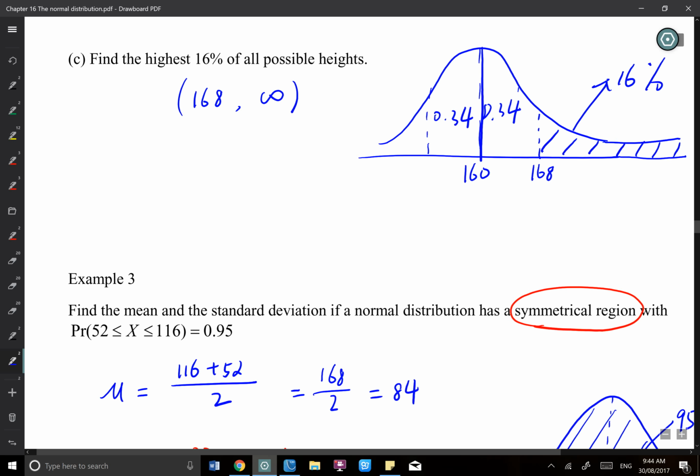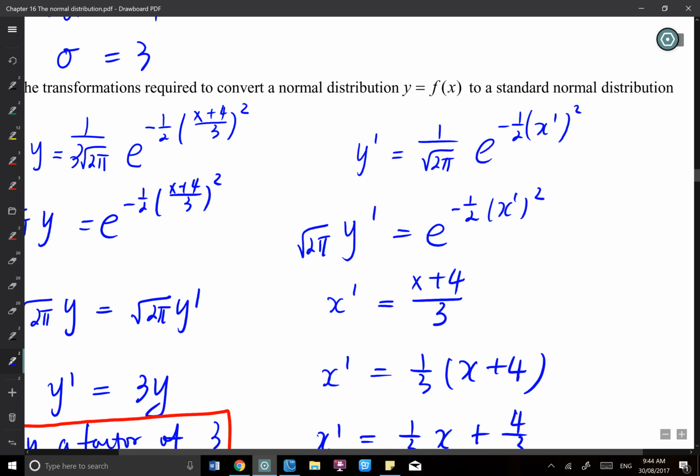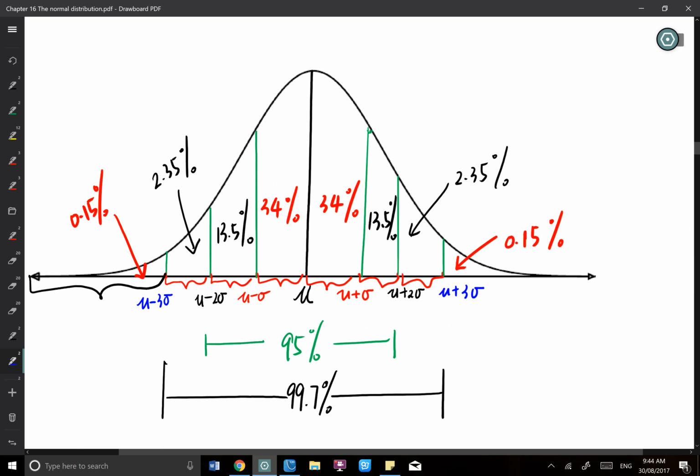-3 to 1. If you have that, go back to this table. -3 is here to 1. 1 is here. So it is 68% plus 2.35% plus 13.5%.